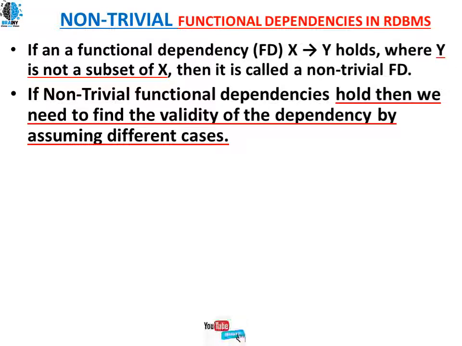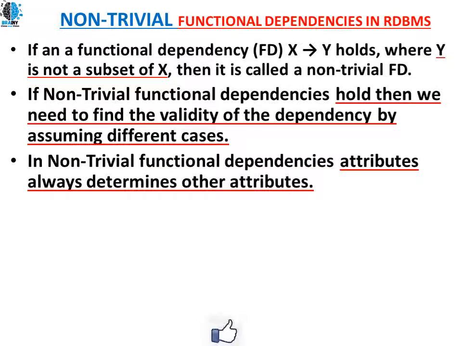If it is valid, then we can go ahead with which type of functional dependencies are representing that particular relation.